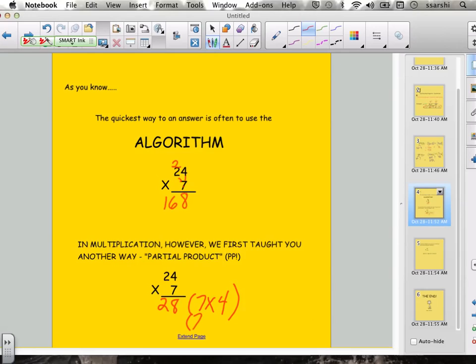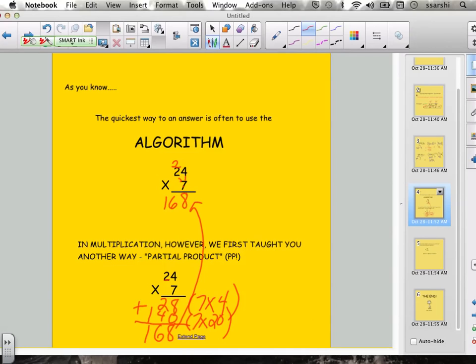And then in my next step, I would have gone 7 times this 2, which is not really just a 2, but a 20. Again, knowing how I can multiply multiples of 10, I know that answer to be 140. And I would have then added and had a total product of 168, which agrees with the same answer I got much more quickly using the algorithm.